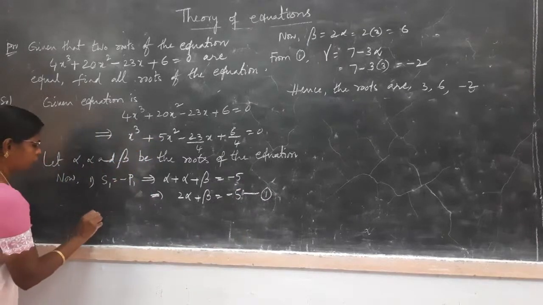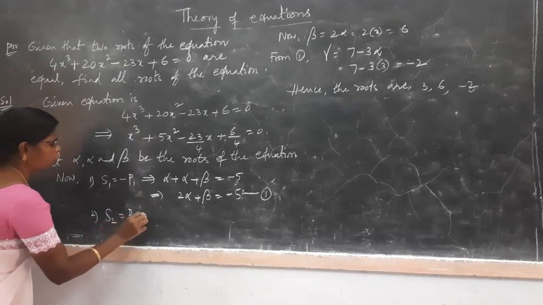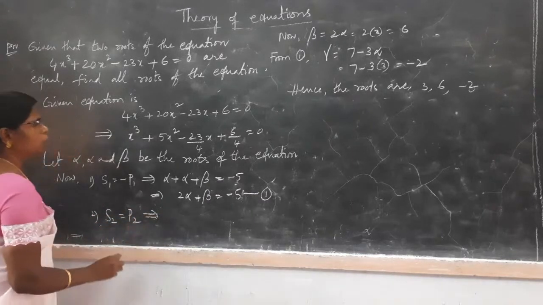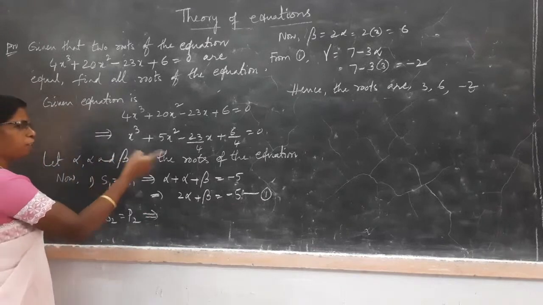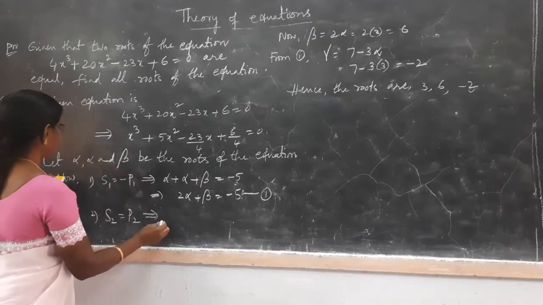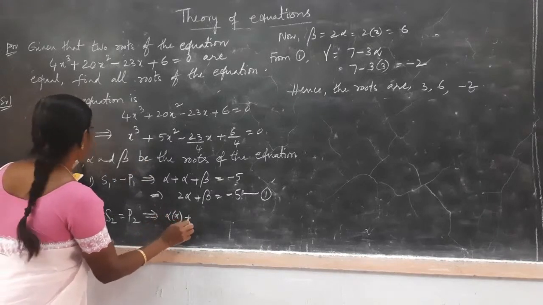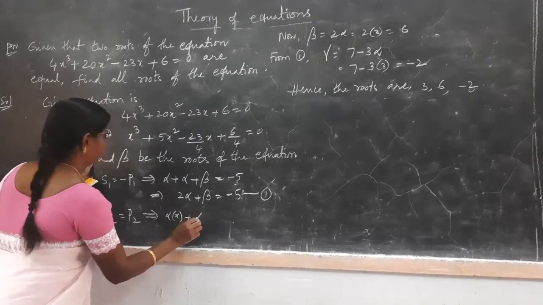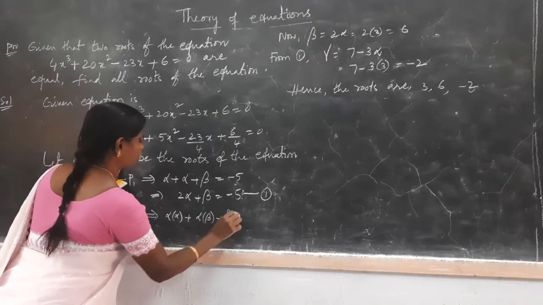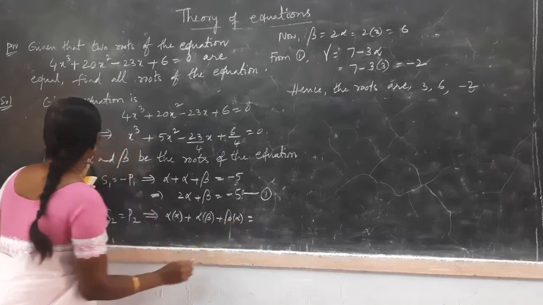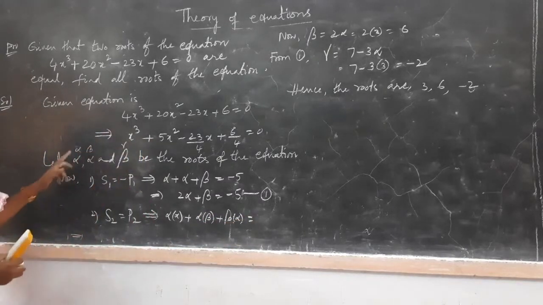Next, the second one. What is the second relation? S2 is equal to P2. This implies, what is your S2? S2 is alpha beta plus beta gamma plus gamma alpha. If you are confused, write it like this: alpha beta plus beta gamma plus gamma alpha. Okay? So that is alpha beta.